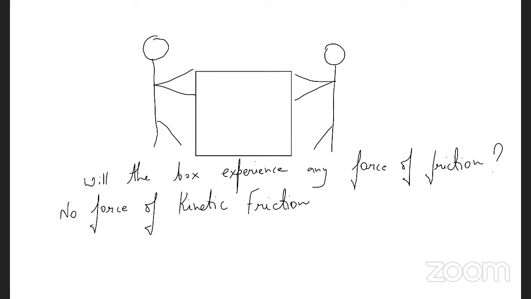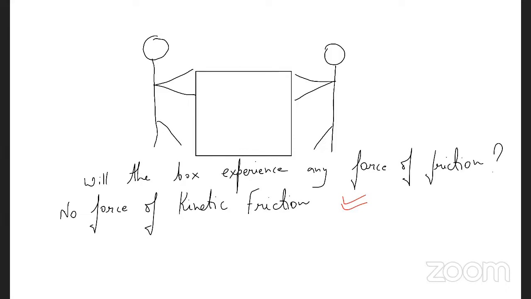So the first thing is no force of kinetic friction. But the second thing that happens in this scenario is that static friction is there. There is still maybe a force of static friction acting on the box.